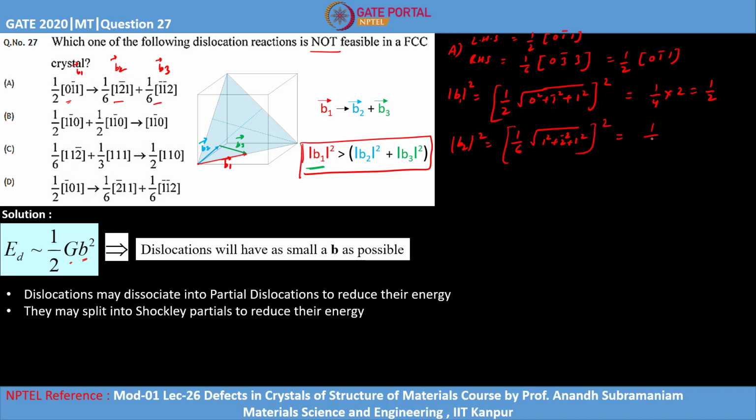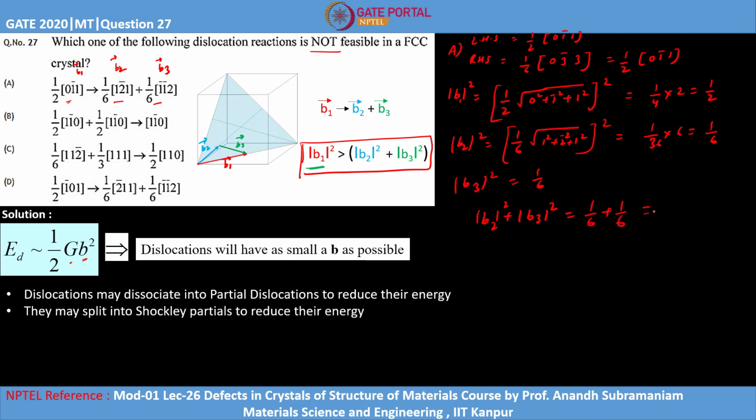So you will get 1/36 times 6, which will be equal to 1/6. Similarly, the magnitude of b3 squared will be equal to 1/6. So if you calculate the magnitude of b2 squared plus the magnitude of b3 squared, you will get 1/6 plus 1/6.